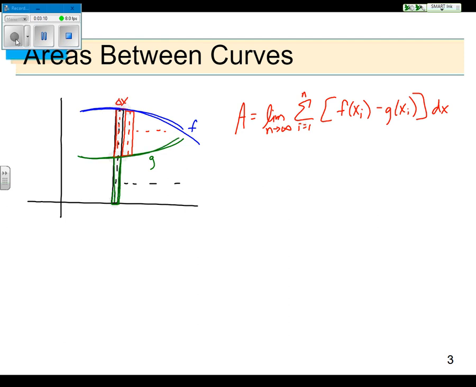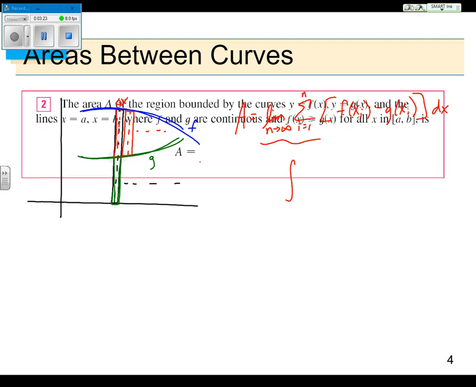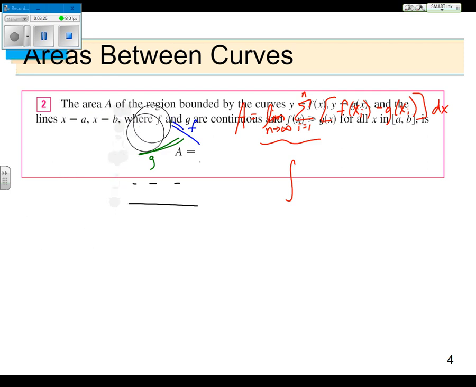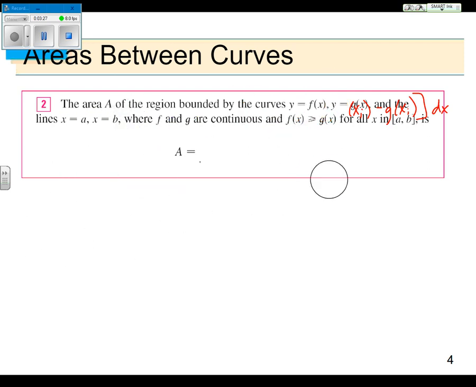Now, surely we have a shortcut for this because we have a limit of sums. And we know that any time we have the limit of the sums, recently we've been able to do an integral with it. So more formally introduced, all this that I'm erasing right now can be described as the area of the region bounded between two curves, f and g, where the lines x equals a and x equals b are going to be the bounds.